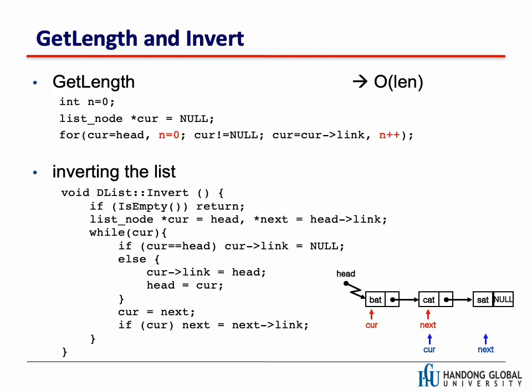That's what's happening here. Then current moves to the next one. After this else statement, current moves to the next one, and as long as current is not null, next moves to the next one. In this figure, in the second iteration, current is pointing to set, the last node, and next will be null. That's it.